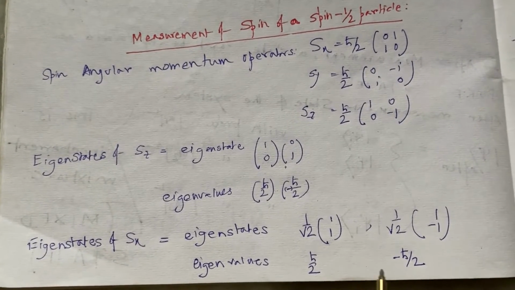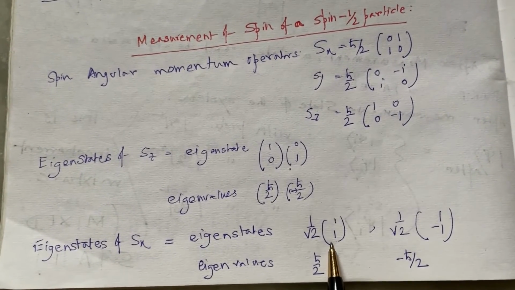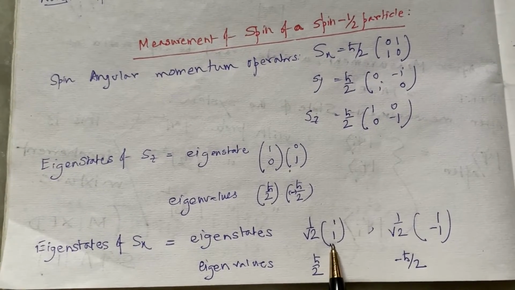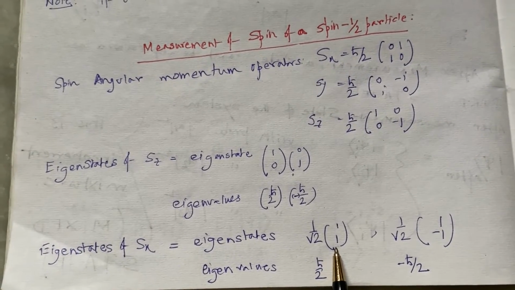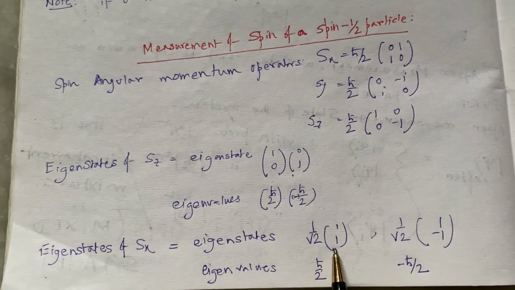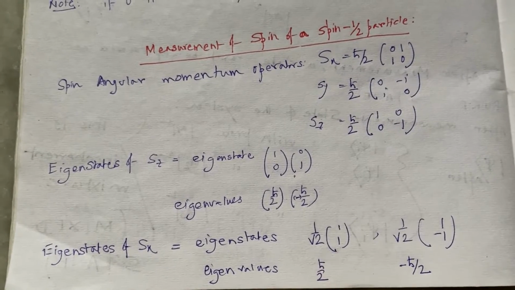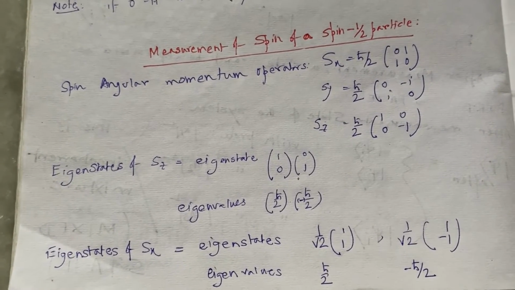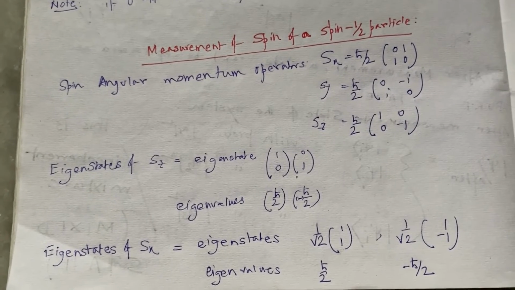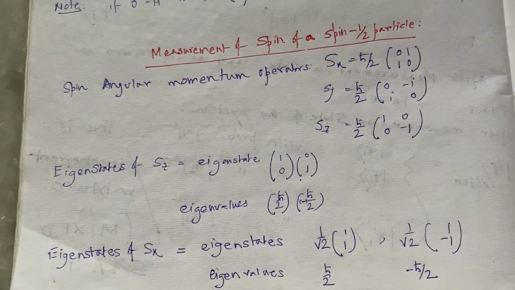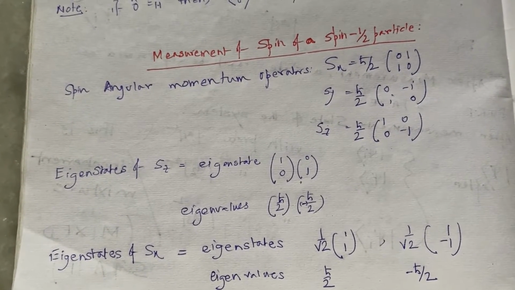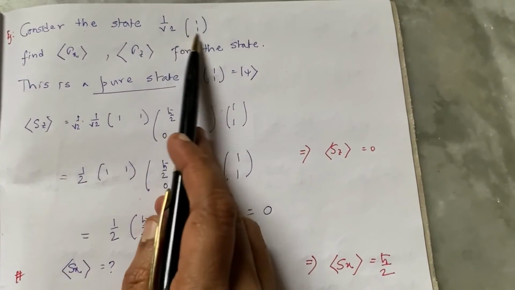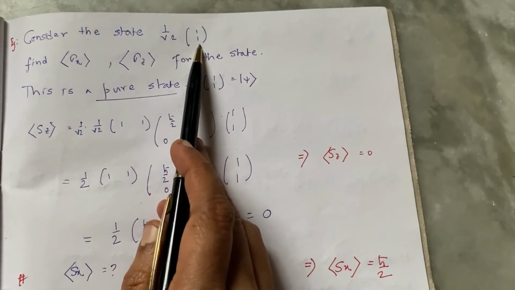Now I will consider this state, this 1 by root 2 (1, 1), that is the spin up state in the x direction, and then I will find out the spin value in the x direction and in the z direction both. That is, I will find out the expectation value of sigma x and the expectation value of sigma z.